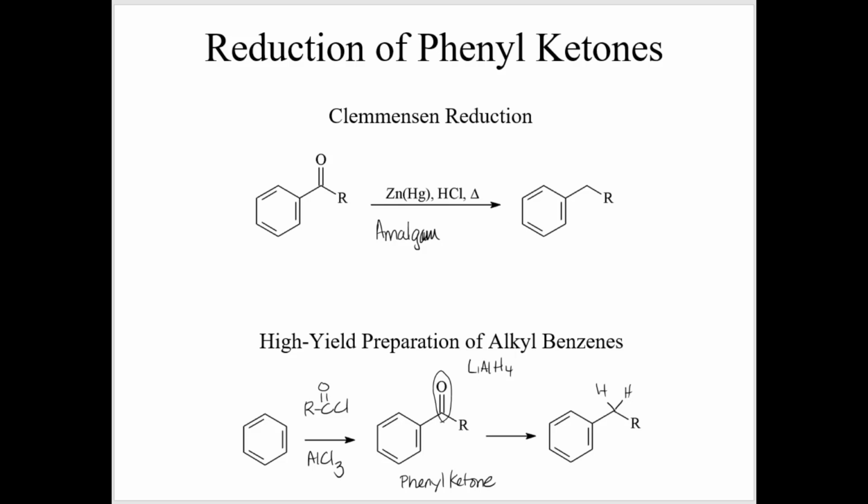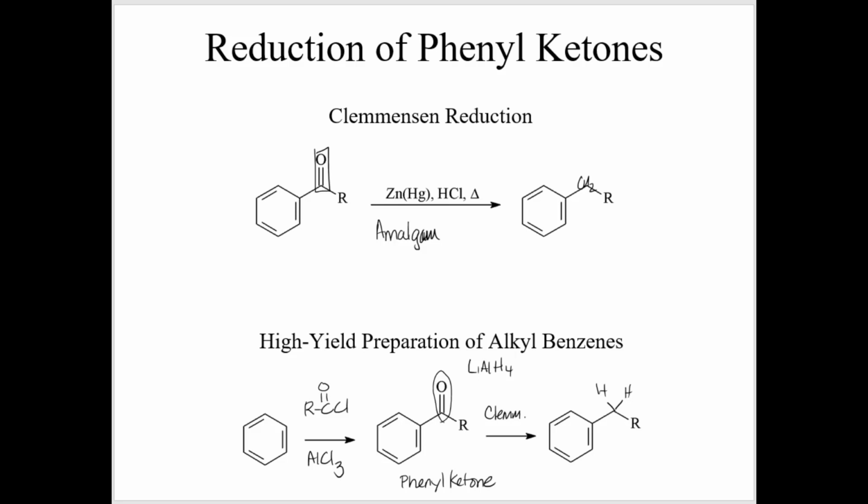So you take the zinc-mercury amalgam with HCl and heat, and by a mechanism that we're not going to talk about, this carbonyl is reduced down to a CH2 group. So if I use Clemmensen here, then I can reduce the ketone down to the CH2 group.